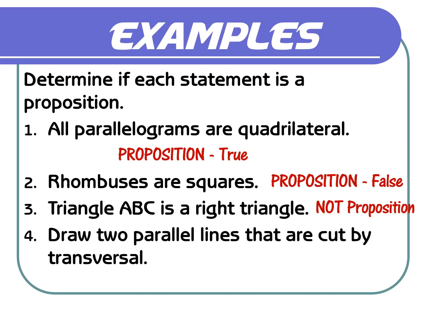This is a sentence, but it is a command or a direction. Therefore, we cannot determine the truth value, so this is not a proposition. I hope it is clear to you how to determine whether a sentence is a proposition or not. You have to determine the truth value of that.